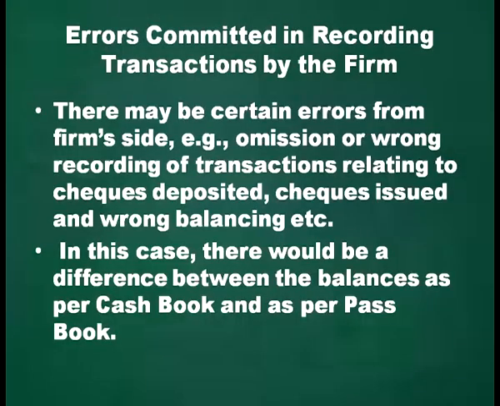Errors committed in transactions by the firm. There may be certain errors from the firm's side, like omission or wrong recording of transactions relating to checks deposited, checks issued, wrong balancing, etc. In this case, there would be a difference between the balances as per cash book and as per passbook.